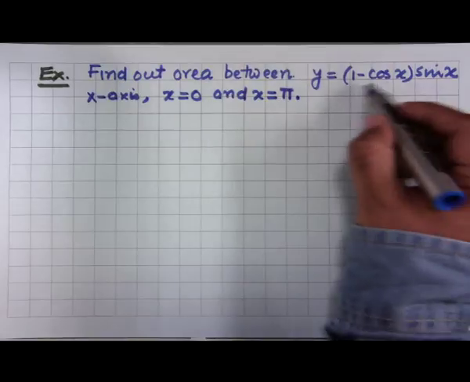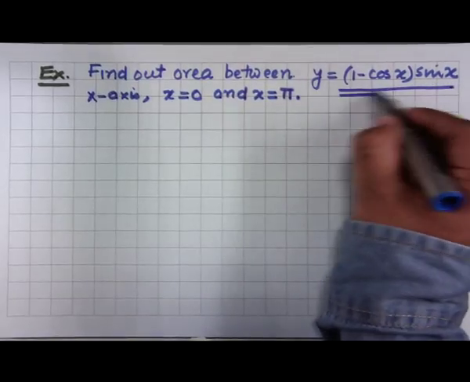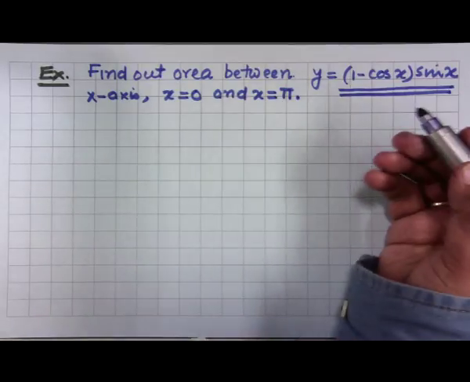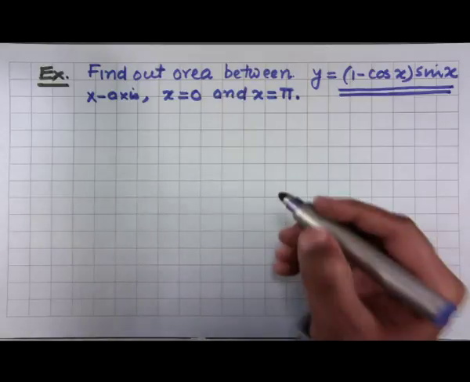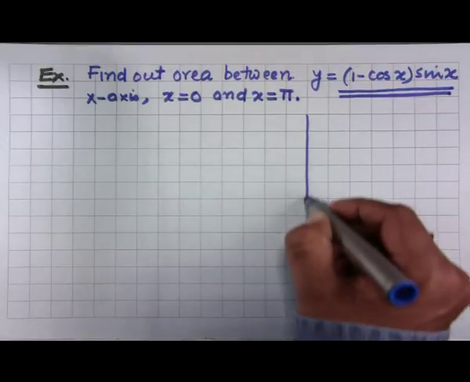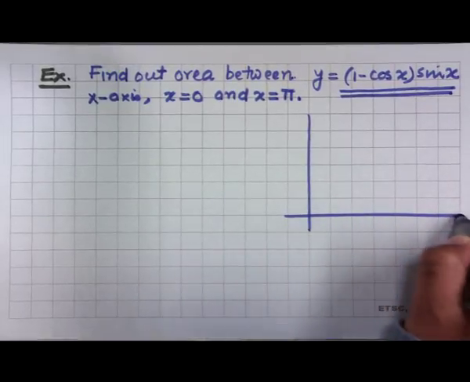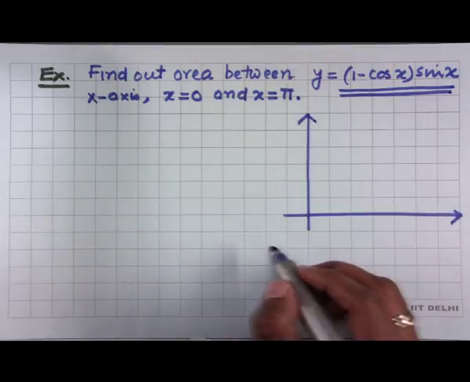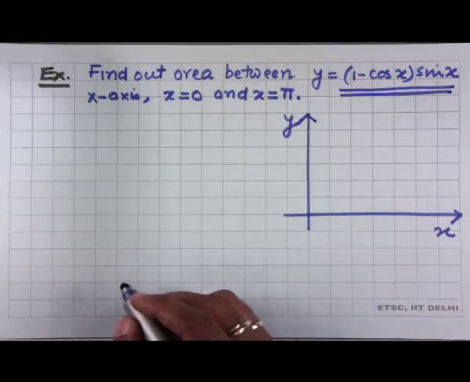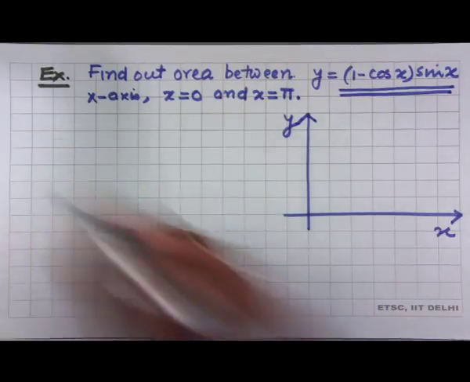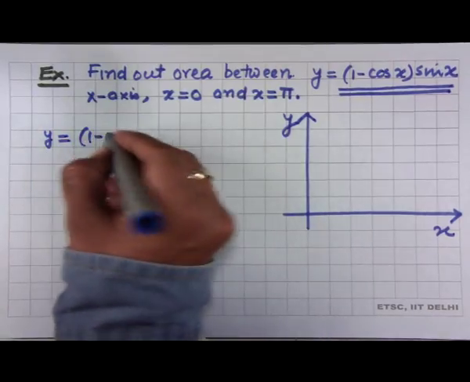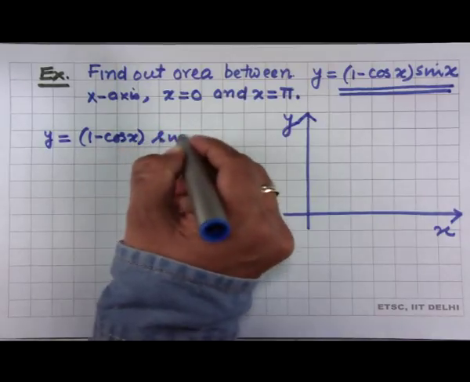So this seems a very complicated curve and it will not be easy to plot it, but you should know whether it is positive or negative and you should have some rough idea about the curve. So if this is the x axis and this is the y axis, between 0 and pi, what is the nature of the curve 1 minus cos x into sin x?